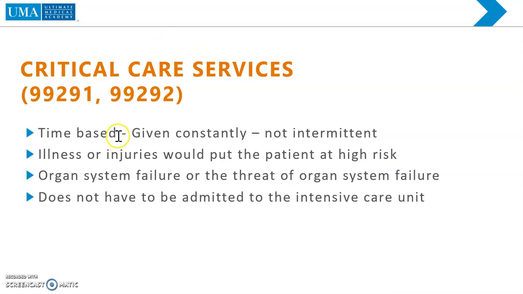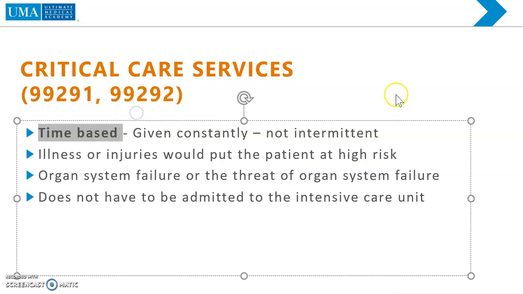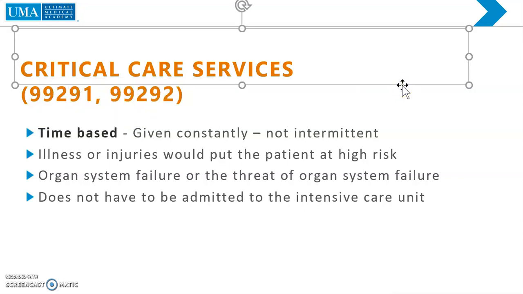No history, no exam, and no MDM is related here, whereas if you have seen my prior presentations, for emergency room we always calculate history, exam, and MDM. In critical care services, time is the only criteria for your E&M code.